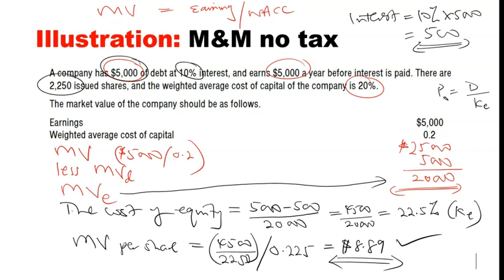Now, let us say the level of gearing has been increased. Okay, we issued more debt. That is a further 5,000 debt has been issued at the same interest rate of 10%.